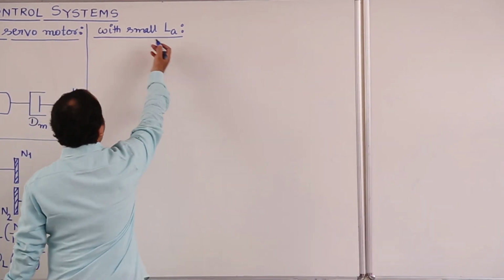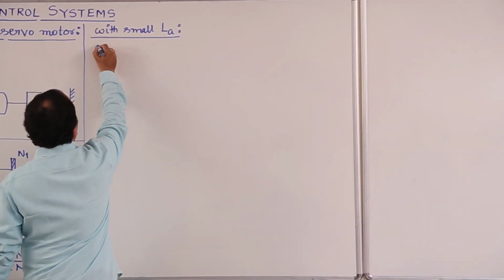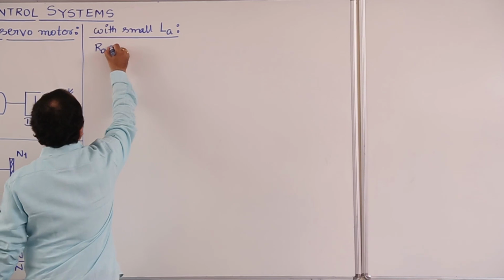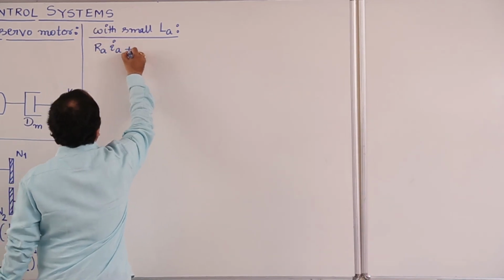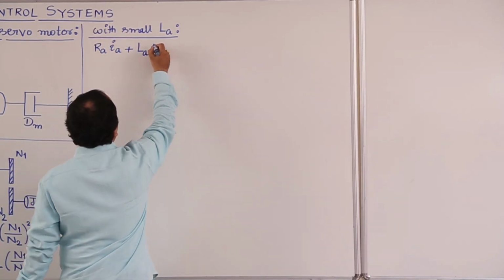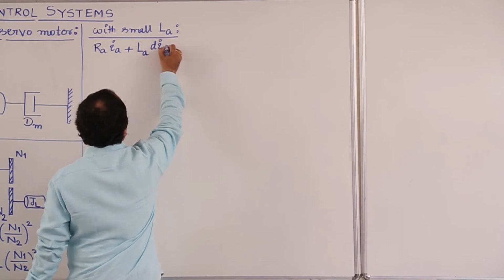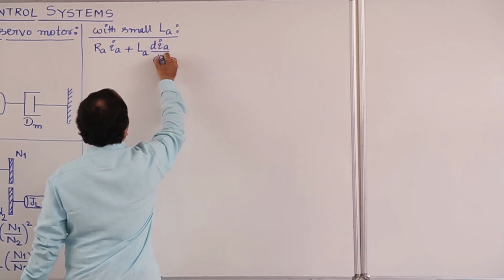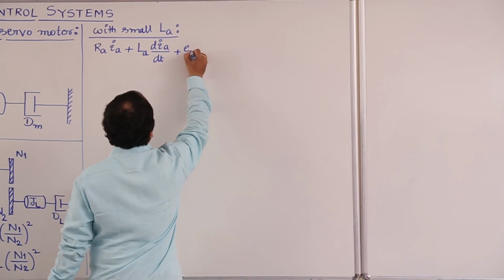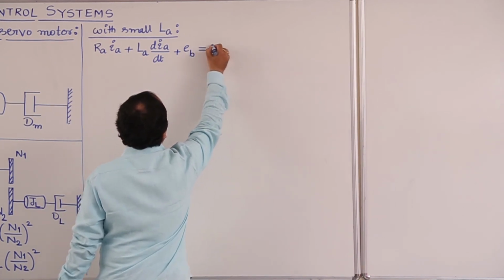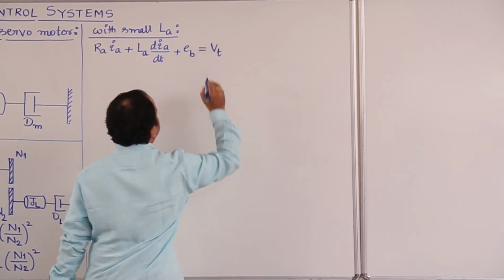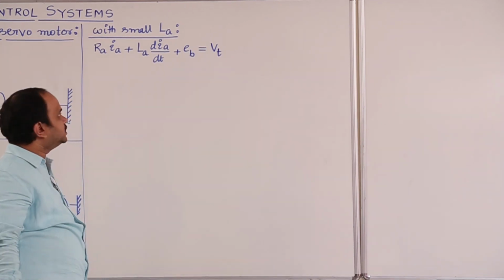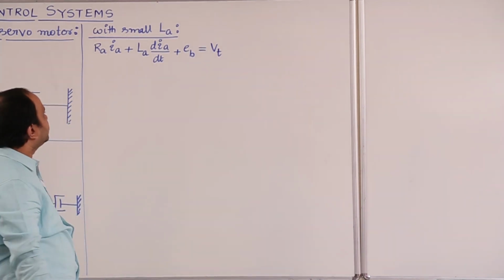So let me write that equation once again: Ra into Ia plus La into dIa by dt plus Eb is equal to terminal voltage Vt.